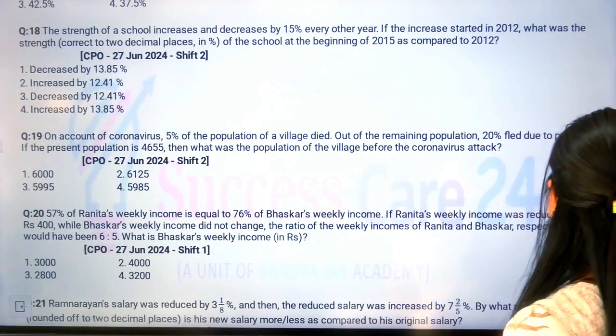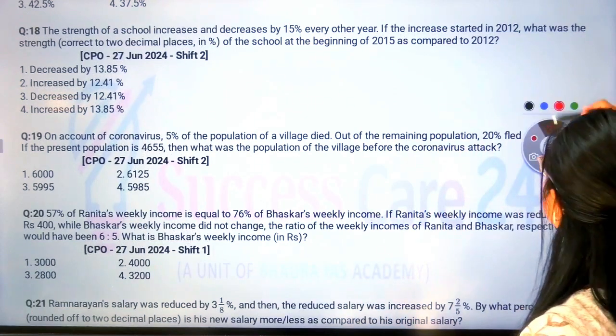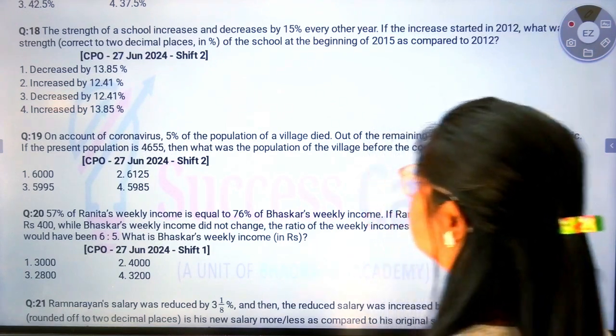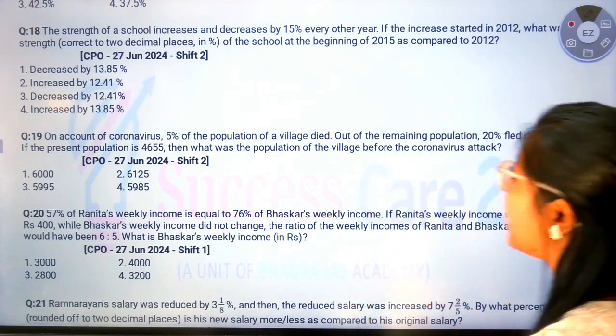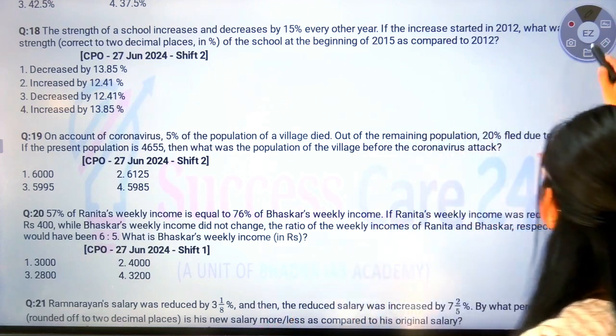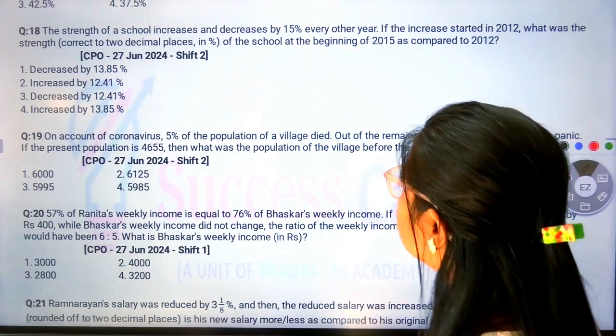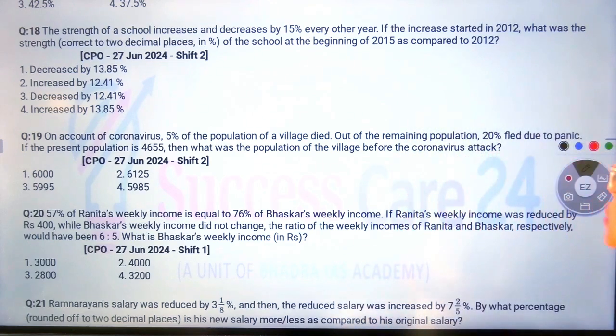Now let's move to question number 18. It is given that the strength of a school increases and decreases by 15% every other year. If the increase started in 2012, what was the strength of the school at the beginning of 2015 as compared to 2012?